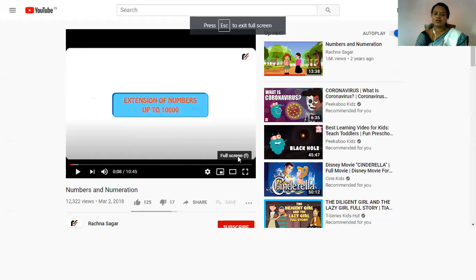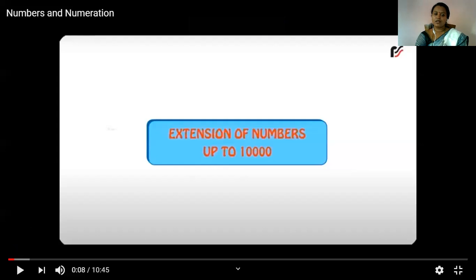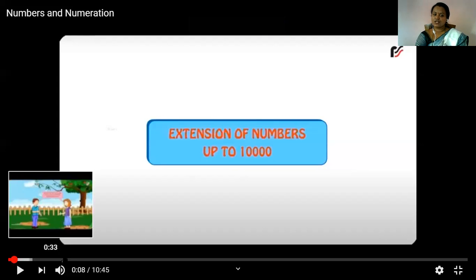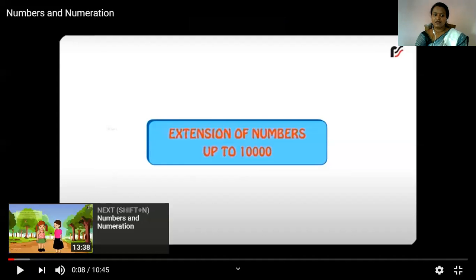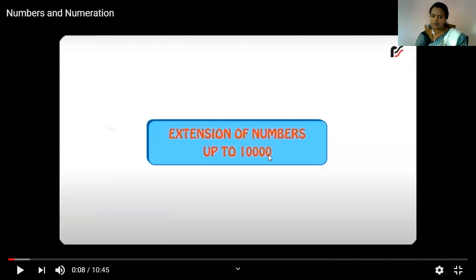Okay, so we will be learning about the extension of numbers up to 10,000. So you see 10,000 is how many? 1, 2, 3, 4, 5 digit. So from 4 digit till 5 digit, how are the numbers formed? Let us see.